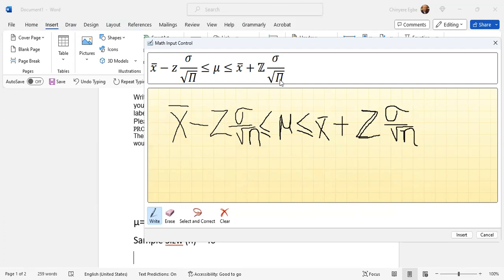What you see there as pi is actually n. Let me see if we can change it.